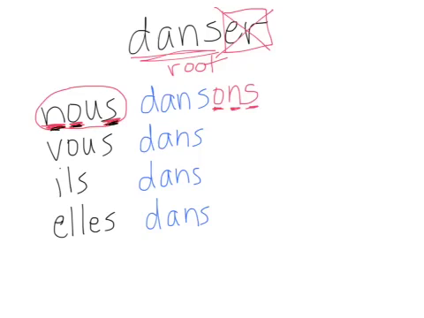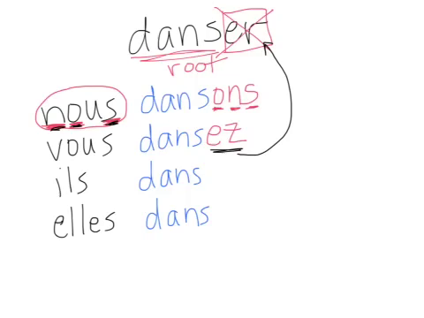For the vous form, I tell you that that's the easy ending to remember. It's not hard. What's nice is that EZ ending, danser, sounds exactly like the ER ending, danser. That's why it's easy to remember.